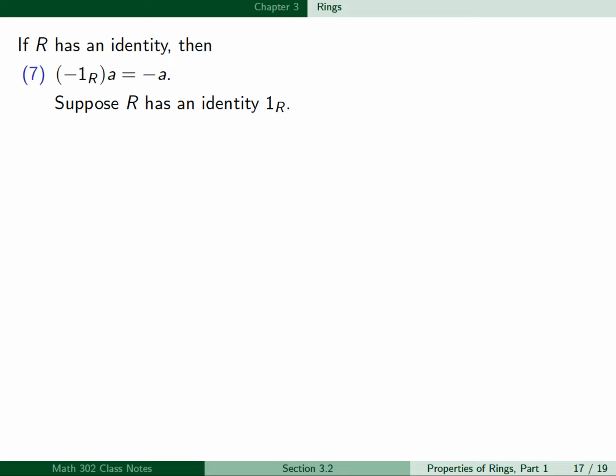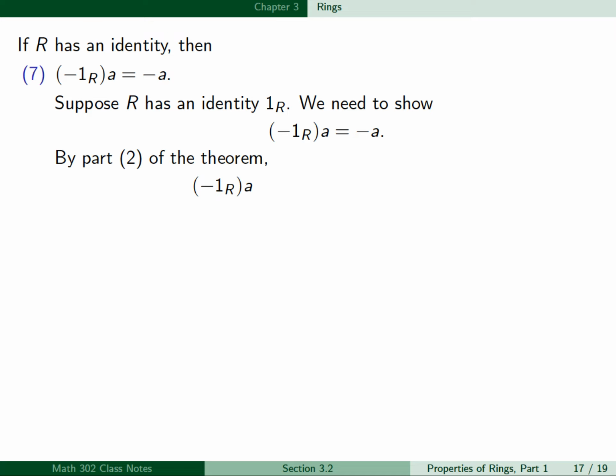And so let's suppose that R has a multiplicative identity, 1 sub R, and we need to prove this equality: minus 1 sub R times A is equal to minus A. So by part 2 of the theorem, minus 1 sub R times A will be equal to minus the quantity 1 sub R times A. And 1 sub R times A is just A, so this will just be minus A. And that's what we needed to show. So this is a fairly quick result. So this completes the proof of the theorem.